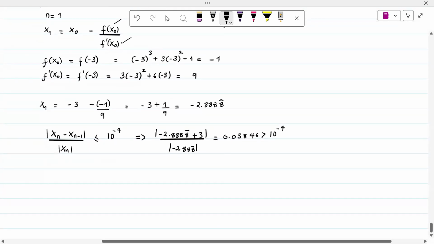So let's get x2 now. For n equal to 2, this is now the second iteration.